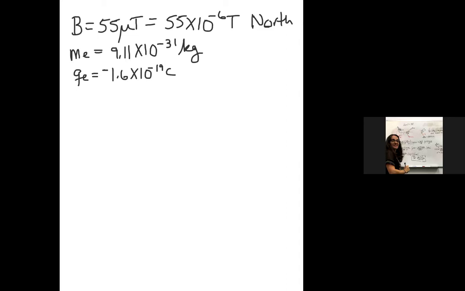We have the speed of the electron, which is 1 times 10 to the 5th meters per second. And we are told that this electron is moving 30 degrees south of west. So I'm going to start at west and I'm going to move 30 degrees south of that.